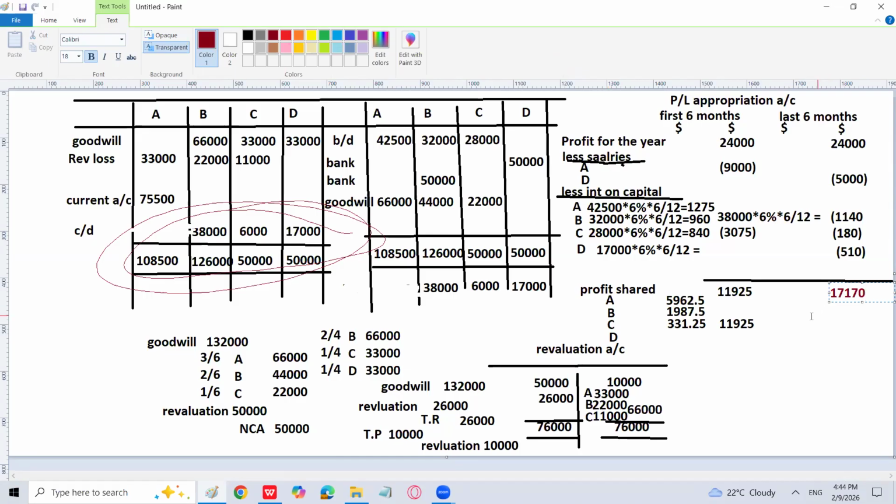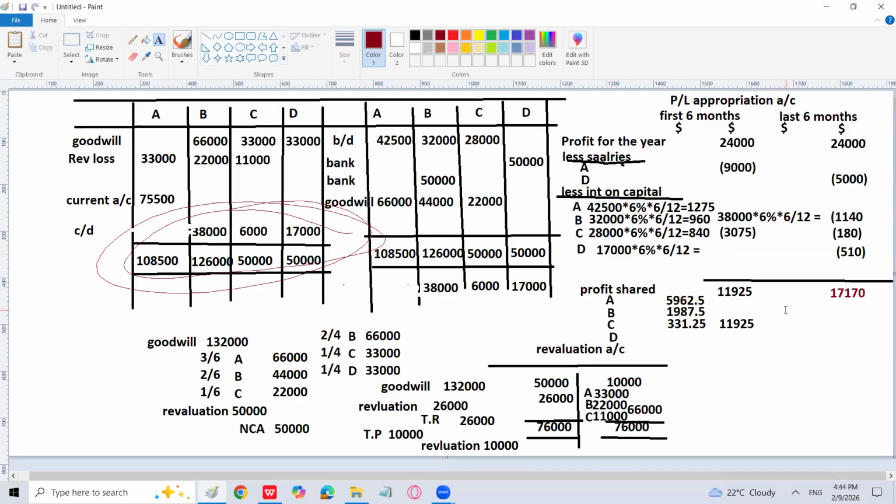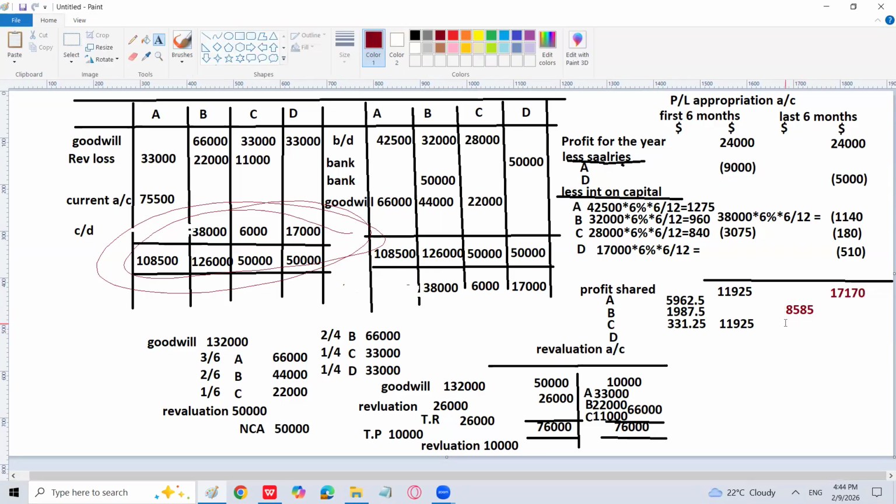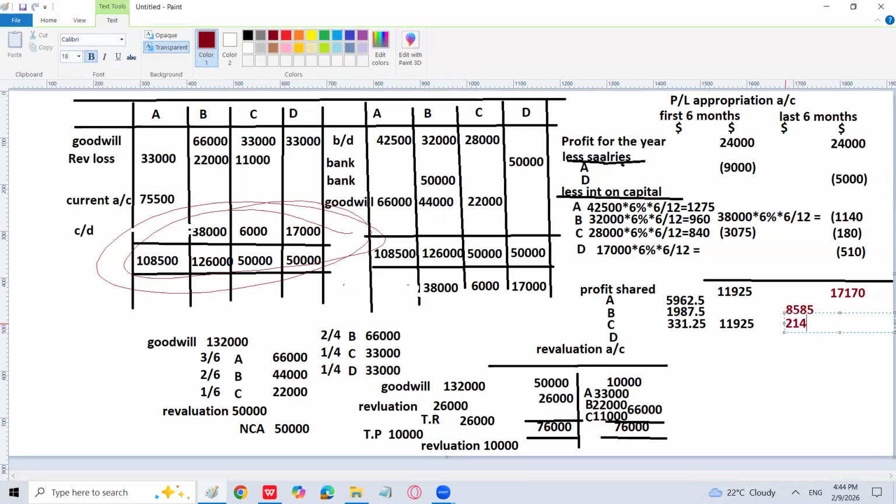Now you can distribute the profit in their profit loss sharing ratio, which is 2/4, 1/4, and 1/4 in B, C, and D. So 2/4 is 8585. 1/4 is 2146.25. And again for D, it is going to be 2146.25. ये काइंडली चेक कर लीजिएगा अगले वाले पार्ट्स को, बाकी तो ठीक है, कैलकुलेशंस में कह रहा था.